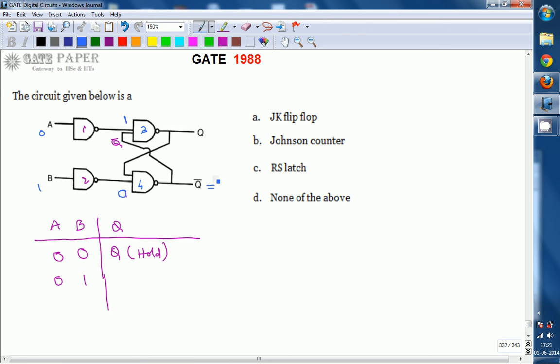This fourth NAND gate has a 0 input, so its output is always 1. Q bar is equal to 1, and now you get 1 over here. 1 into 1 is 1, 1 bar is nothing but 0. So A equal to 0, B equal to 1 makes Q equal to 0, irrespective of the present state. That implies nothing but the reset state.